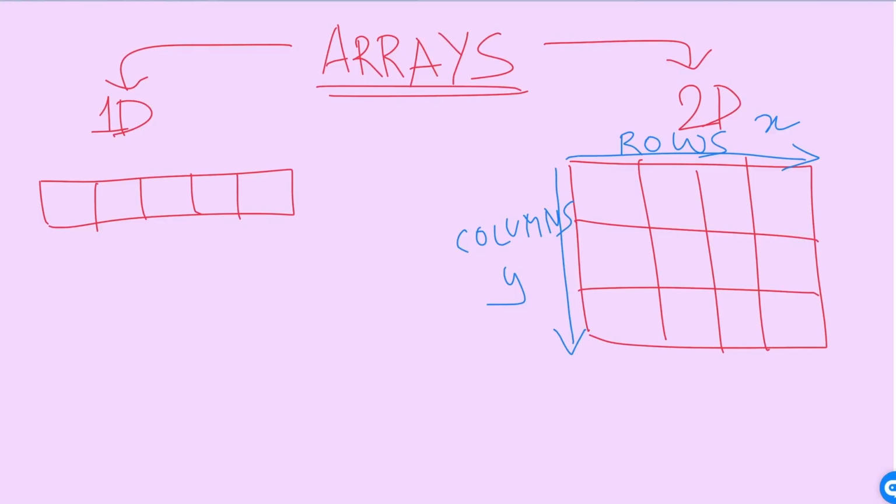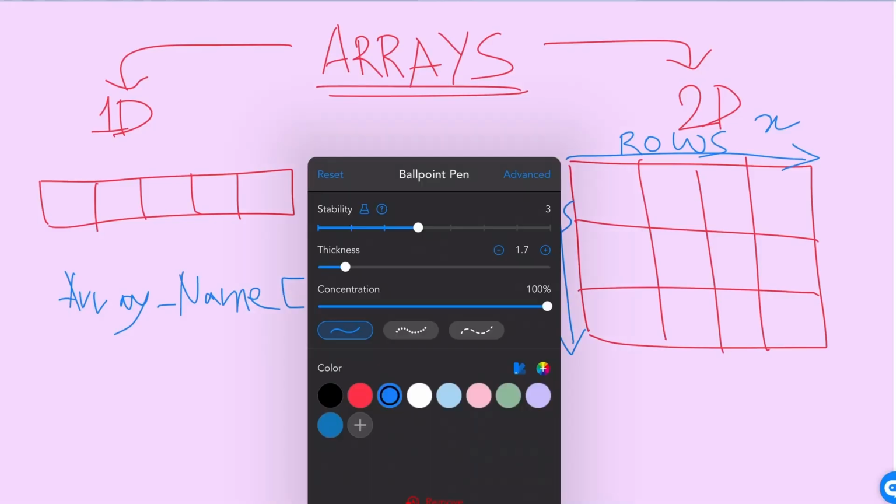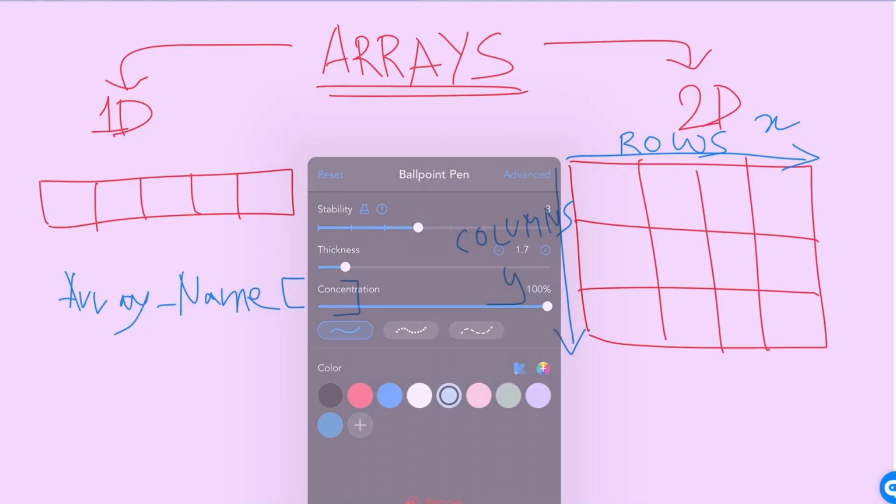So when you want to call an object, you first write your array name. Let's say it's array_name. Then you open square brackets and write the position in which your item or value is stored.